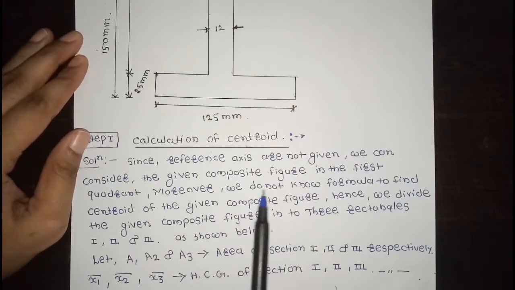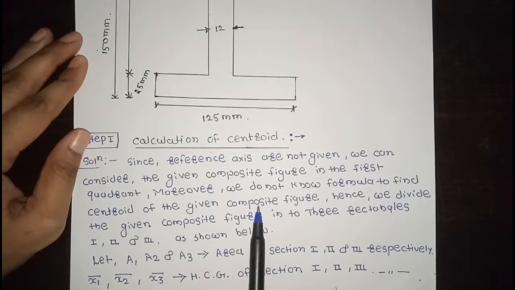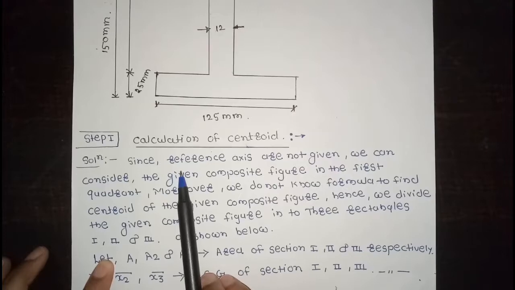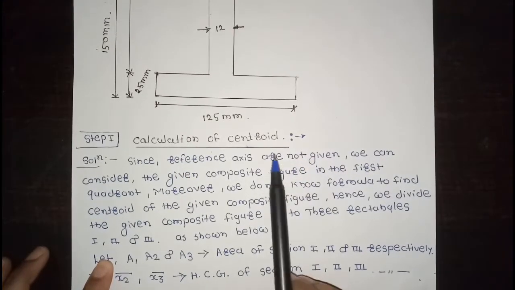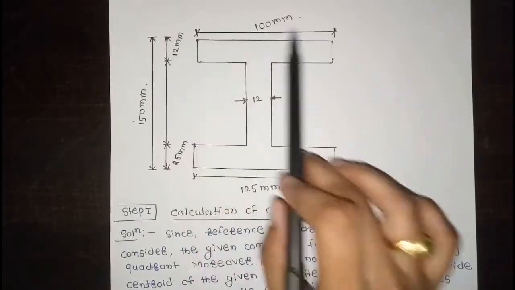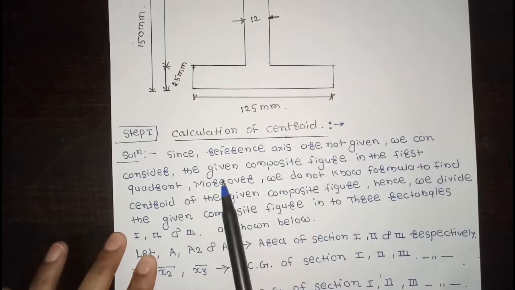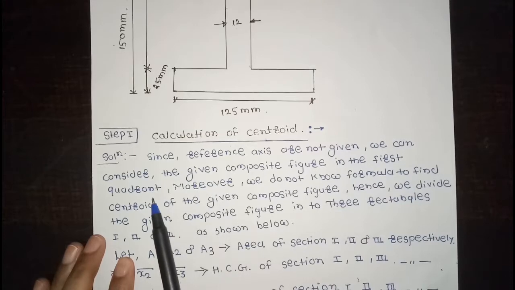Moreover, we do not know the formula to find the centroid of the given composite figure. Read the first sentence: since reference axes are not given, means x and y axes are not given in this question. So we can consider the given composite figure in the first quadrant.